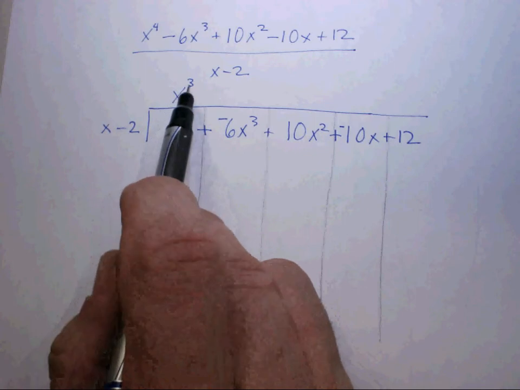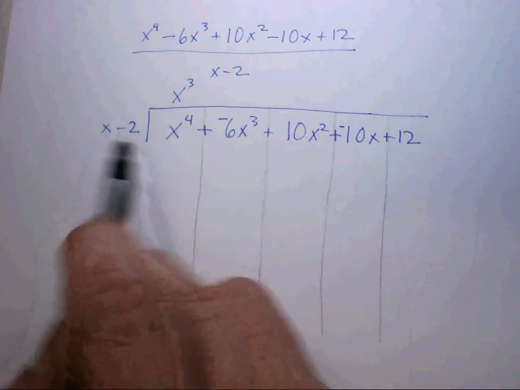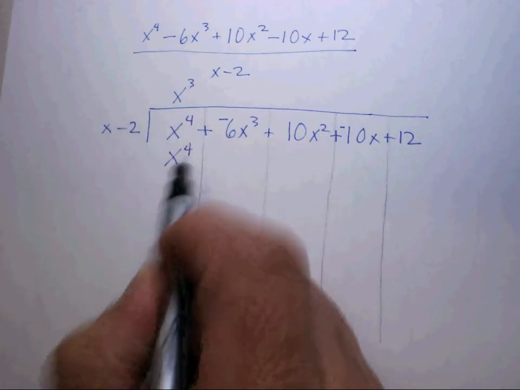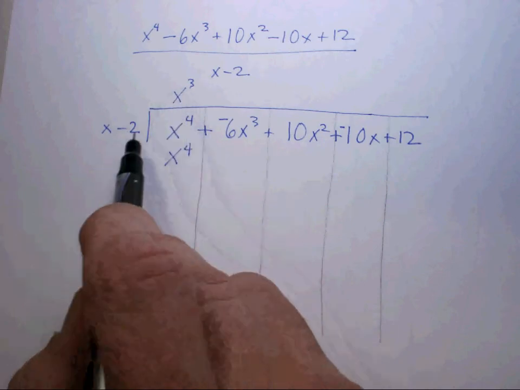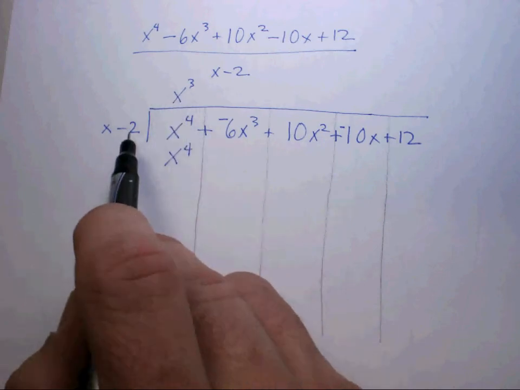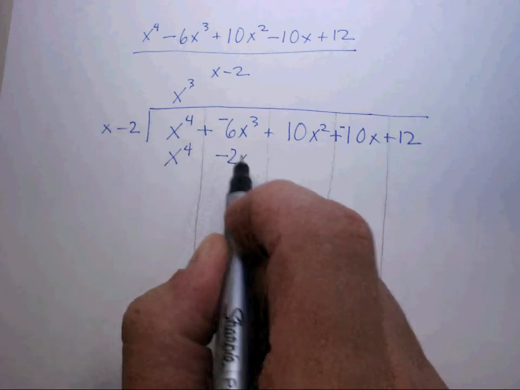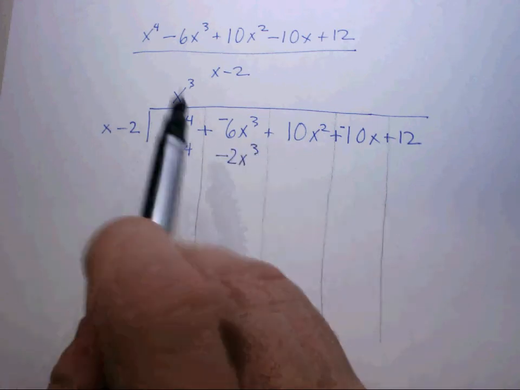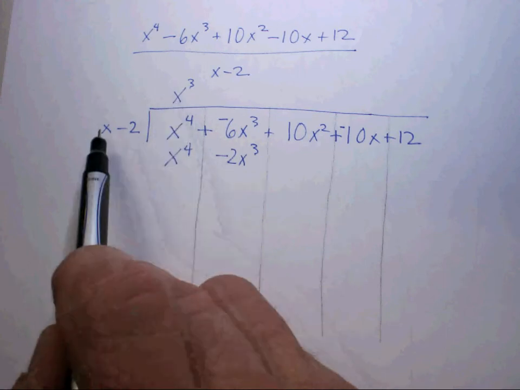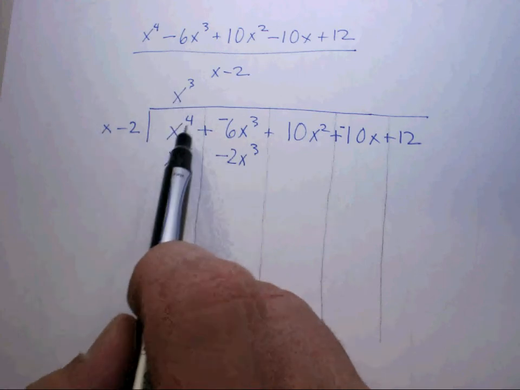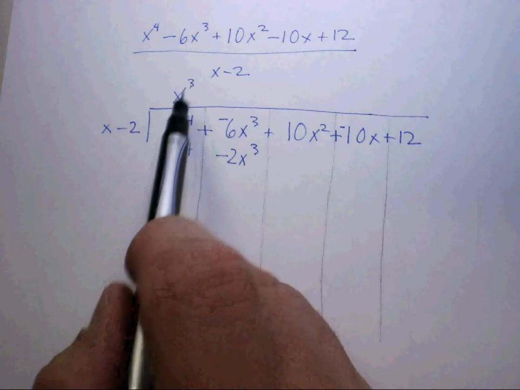So I put that up there. And then I have to be careful to multiply both of these parts and put them in the correct column. So x cubed times x is x to the fourth. X cubed times a negative 2 is minus 2x cubed, and that goes in the x cubed column.